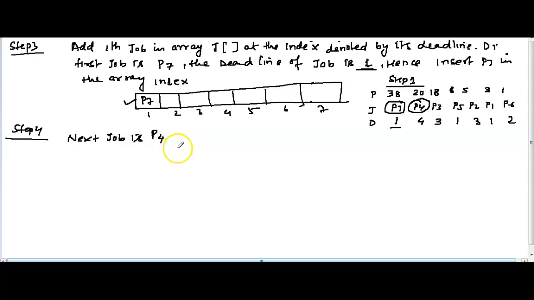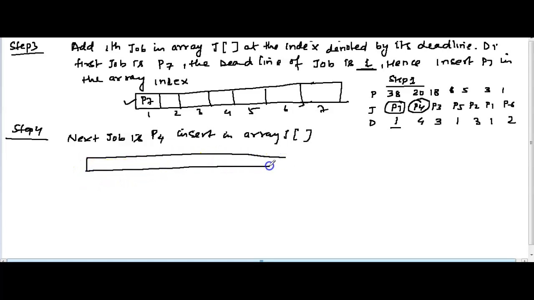So insert P4 in array J. I will write it here: 1 2 3 4 5 6 7. P7 was already inserted here, and the deadline for P4 is 4. So I have to insert this one in the 4th position, P4.